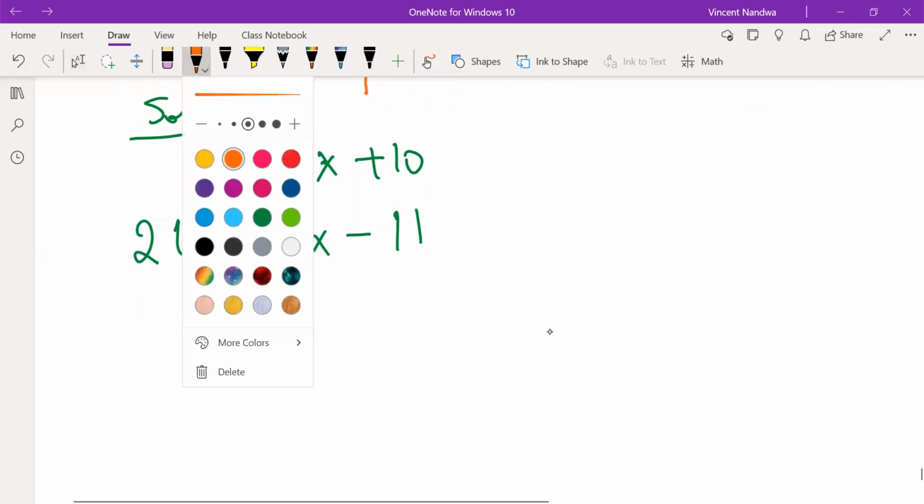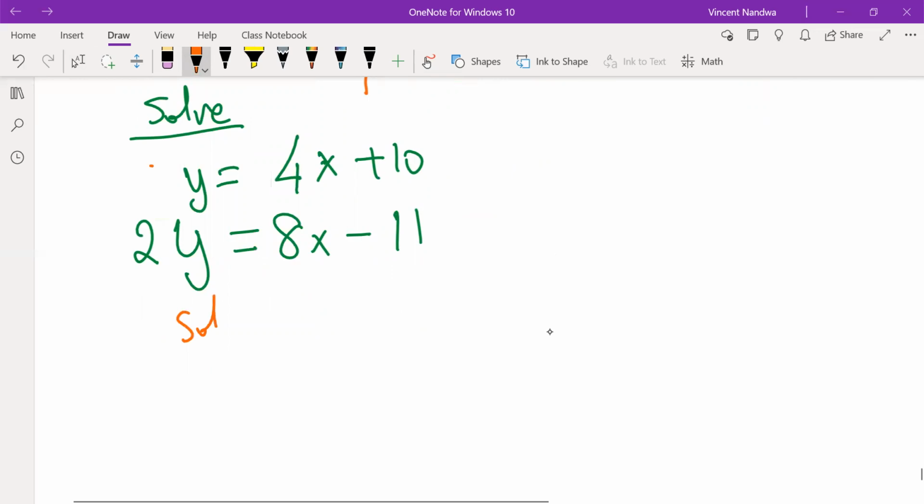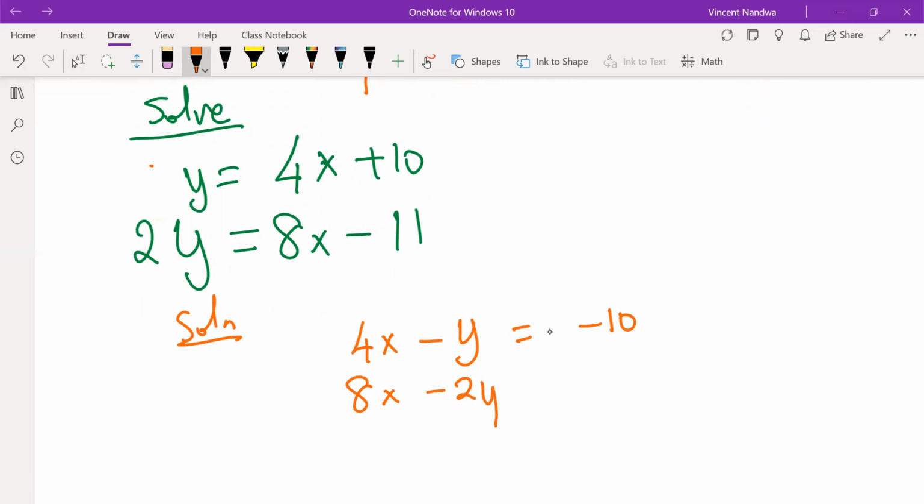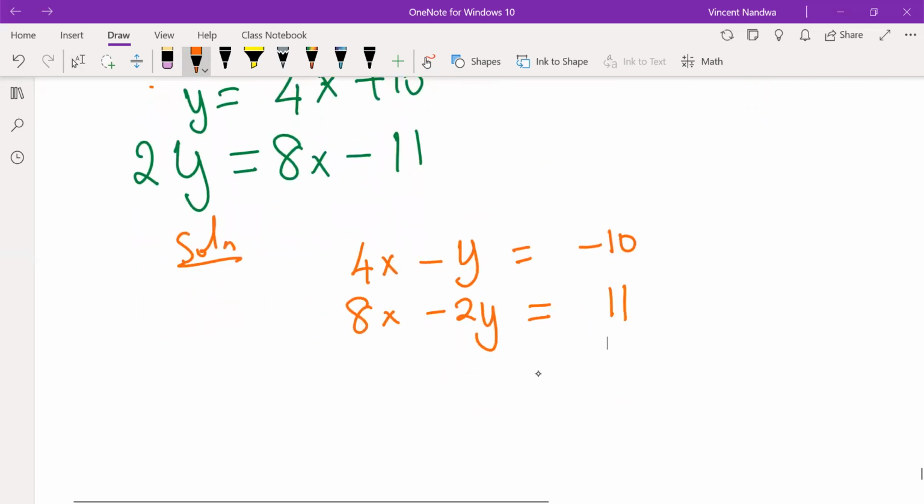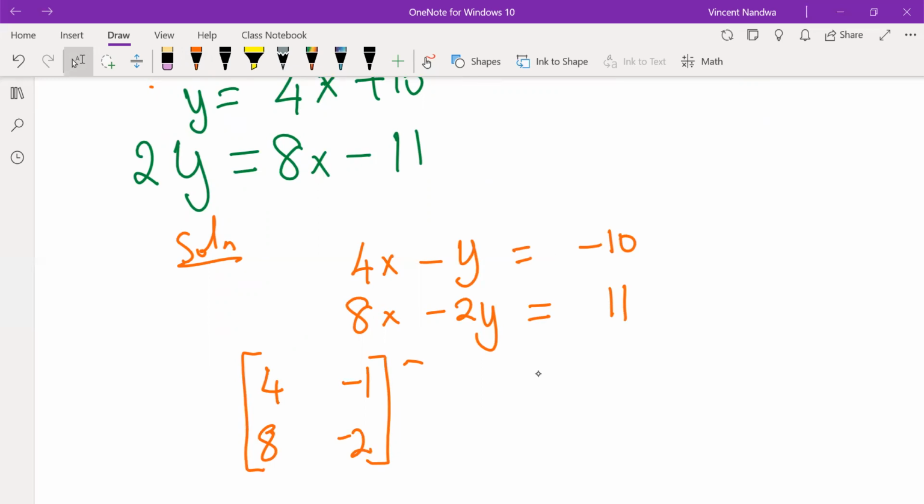So solution, we rearrange first 4x minus y equals minus 10 and 8x minus 2y equals 11. So that we have 4 minus 1, 8 minus 2, x y equals minus 10, 11.